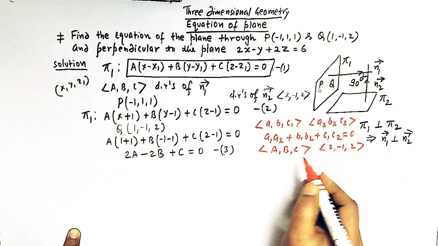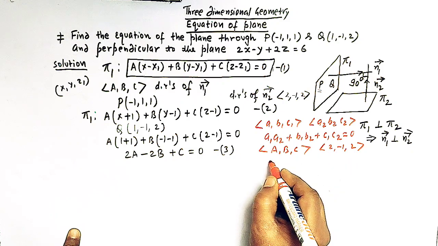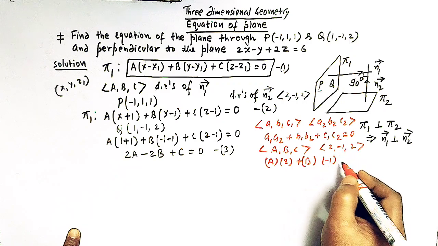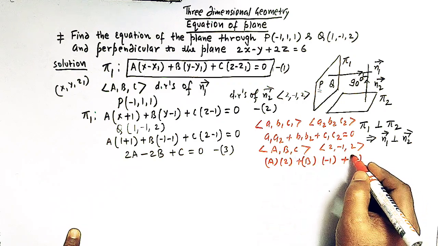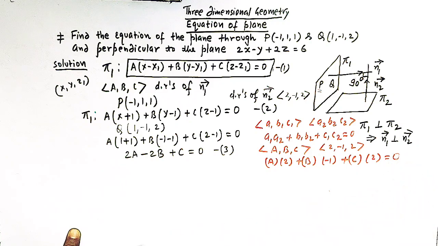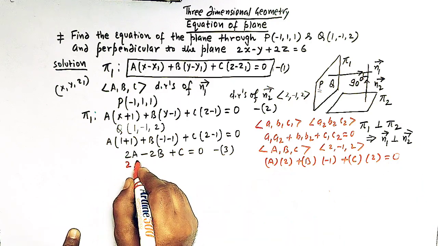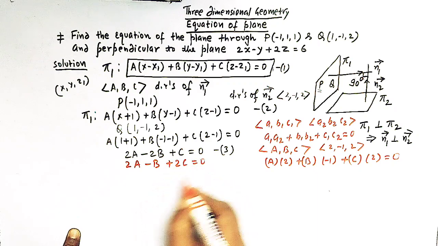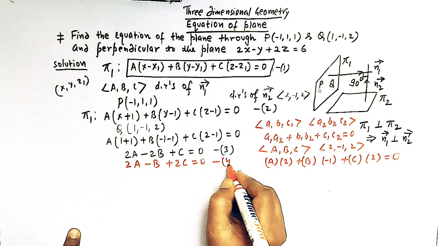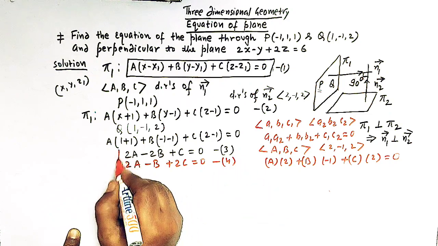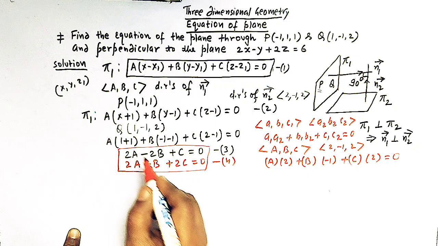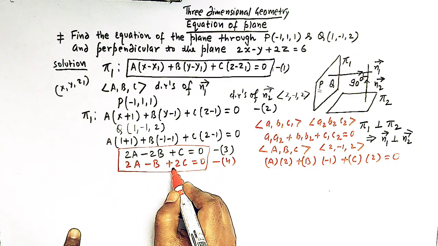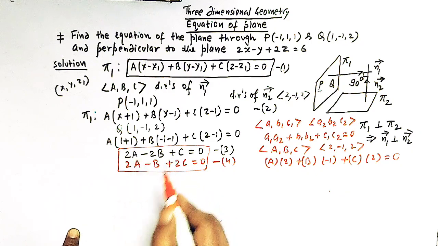Now applying this condition, we have a times 2, b times -1, and c times 2, and this is equal to 0. So we can now write 2a - b + 2c = 0. So this is our equation number 4, right? So now we have two equations in a, b and c, and now we have to solve these two equations in a, b and c.